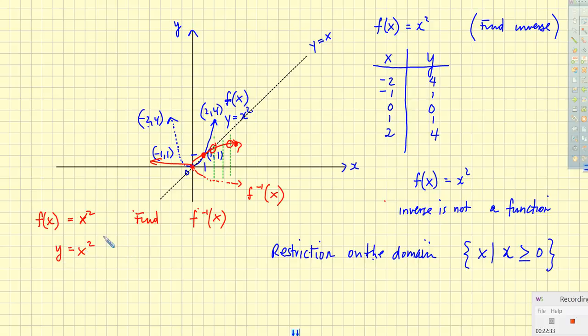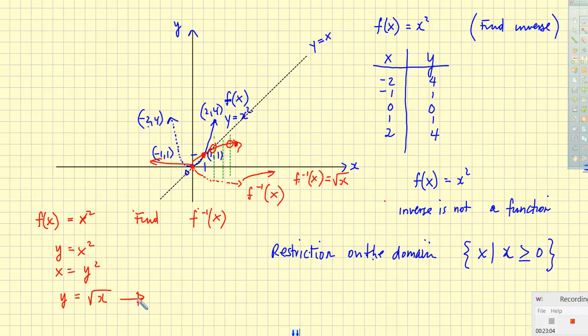It's like the previous questions we did on the last page. I swap my x's and y's: x equals y squared. Then I isolate for y, so that y has to equal the square root of x. Do we all see here that y equaling the square root of x is my inverse? f inverse of x does equal the square root of x.